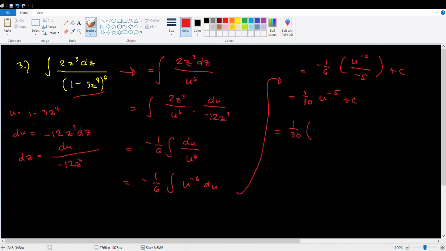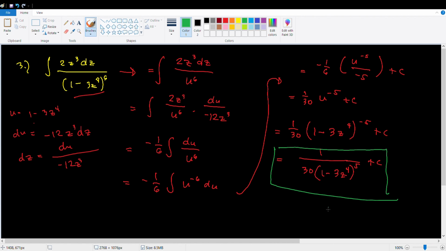This one, 1 minus 3z raised to 4, raised to negative 5 plus c, or we can also write this as 1 over 30 times 1 minus 3z raised to 4 raised to 5 plus c. And this is our final answer.